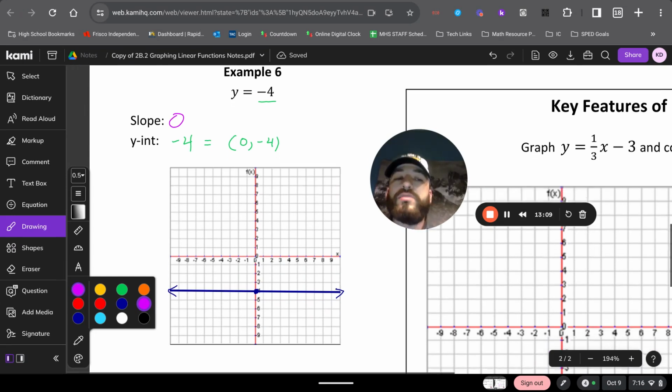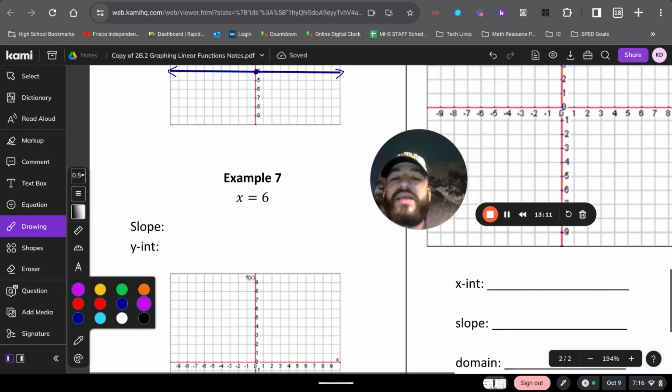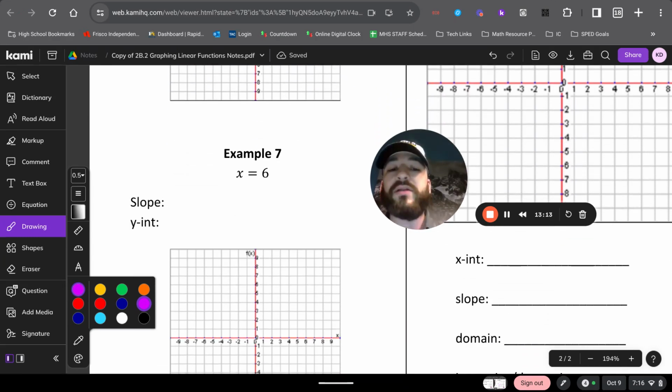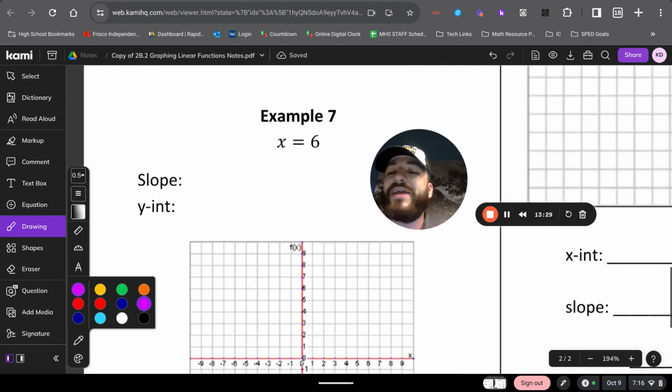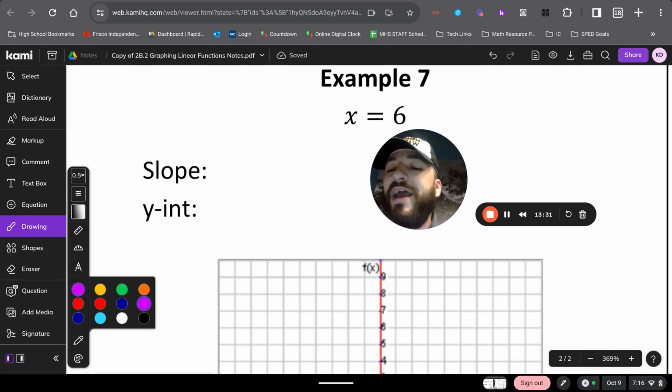Okay, now checking on example 7, this one is similar but a little different. This time it is just x equals 6. So we don't have a slope value because it's not a number in front of x, it's x equals that number. And we don't have a y-intercept. We don't have a b value, we don't know what y equals. So we actually don't even have a y-intercept.